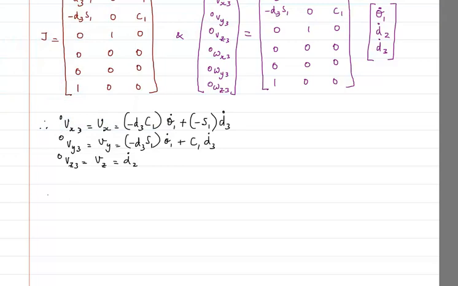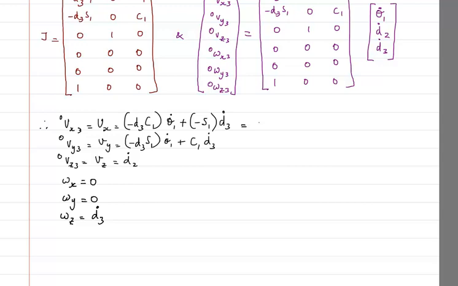Omega x is going to be all zeros, the angular velocity omega y is going to be all 0, whereas the last one, omega z, is going to be equal to just d3 dot. So here is the equation that gives the linear velocity and the angular velocity of the end effector based on the velocity of the joint variables.